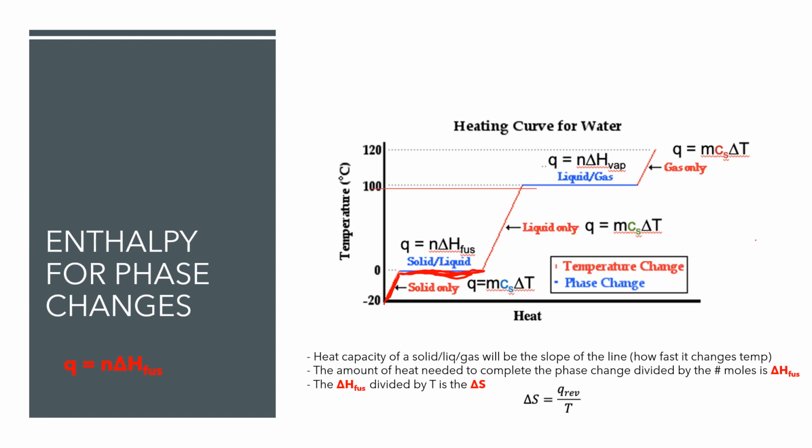Once we break all those intermolecular forces, so once it's all melted, then any more heat we add would actually heat up the temperature. Then once we get to the top right here, once it's vaporizing, it requires a certain amount of energy. So if we were to determine that, let's go to the next slide and talk about it.